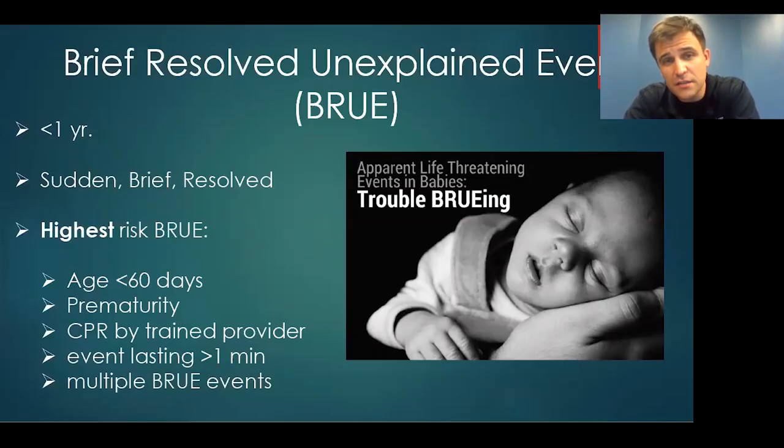Highest risk kids in this category are those that are less than 60 days of age. They were premature at birth. They had any CPR by a trained provider. The event lasted greater than 1 minute, or this has happened before. Avoid the temptation to give in to confirmation bias here.